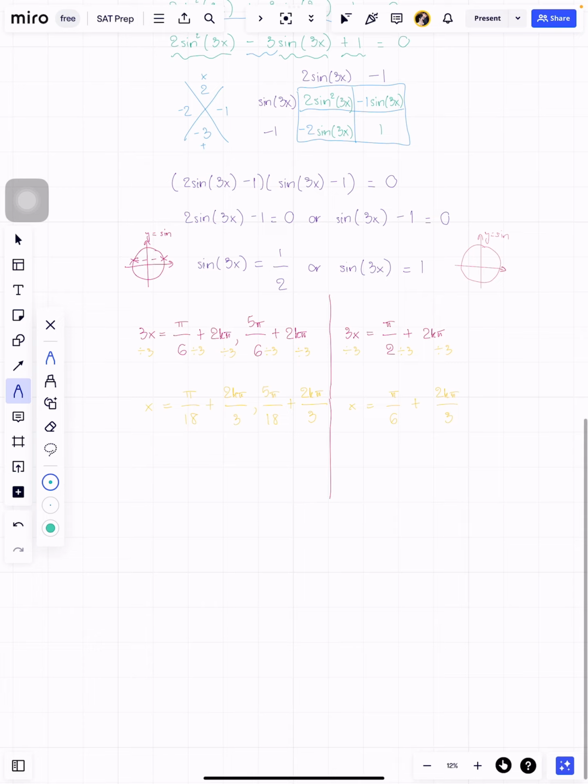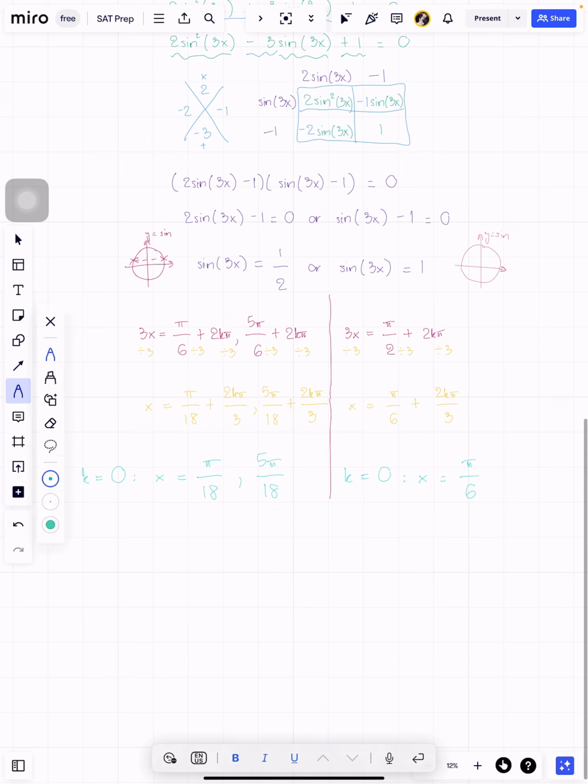So first round, if k equals 0, on the left hand side, I'm going to have x equal to pi over 18 and 5 pi over 18. On the right hand side, if k equals 0, I would get x equal to just pi over 6.